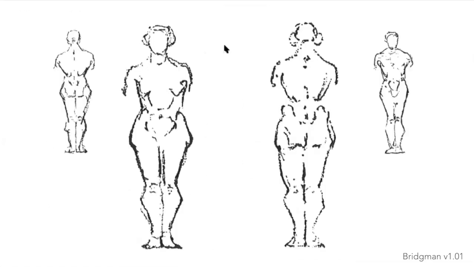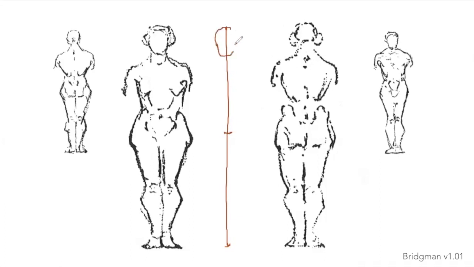Learn how to measure proportion of a human figure with some straight-on views and a straight line and a halfway point. And then we can divide this up however we want.